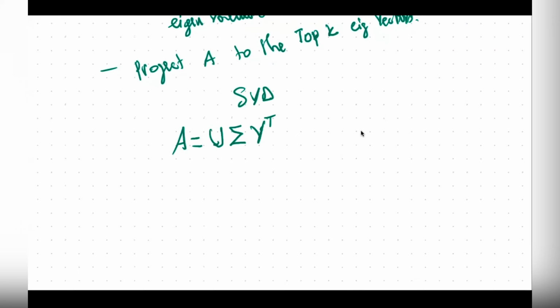You can decompose it in 3 elements. You have the left singular vectors, the right singular vectors, and then you have the singular values in the middle, with sigma, okay?